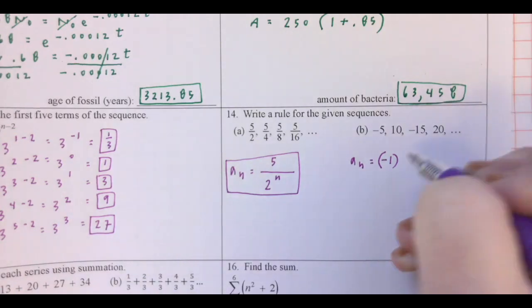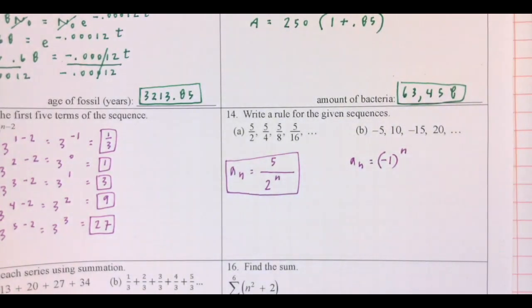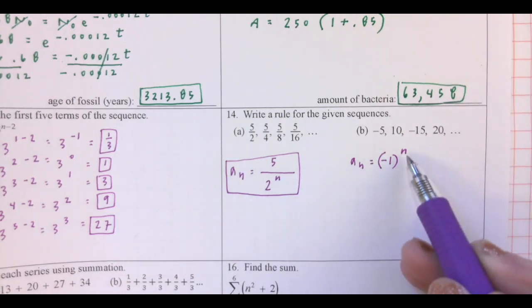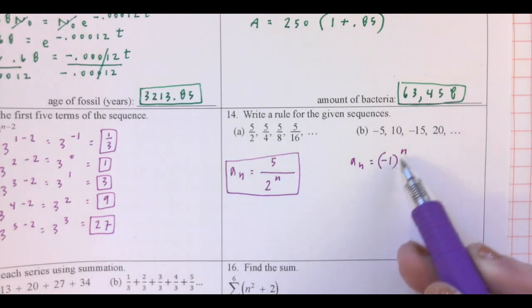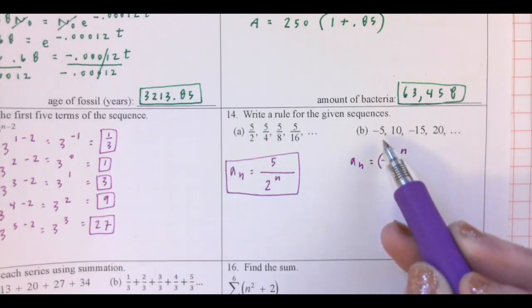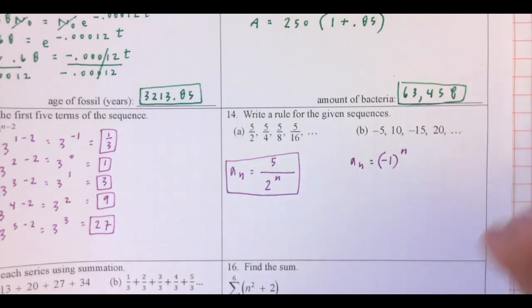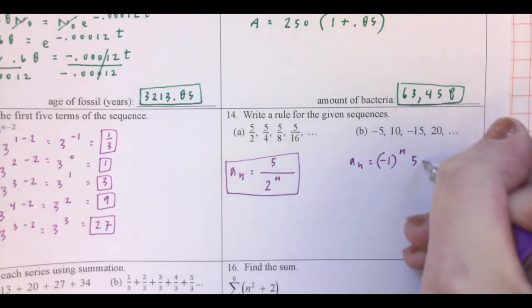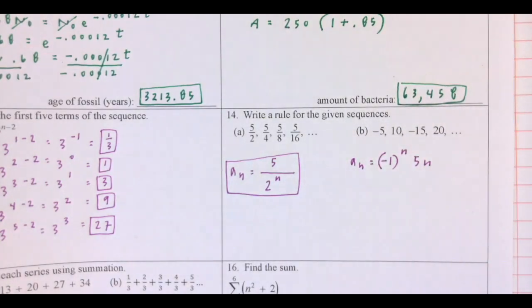And since it's the first term, then I'll leave it as (-1) to the nth power, right? Because if I put a 1 here, that will keep it negative. And then since it's moving up in increments of 5 otherwise, it would be just 5n if it was an arithmetic rule. So let's just check that to make sure that that works.